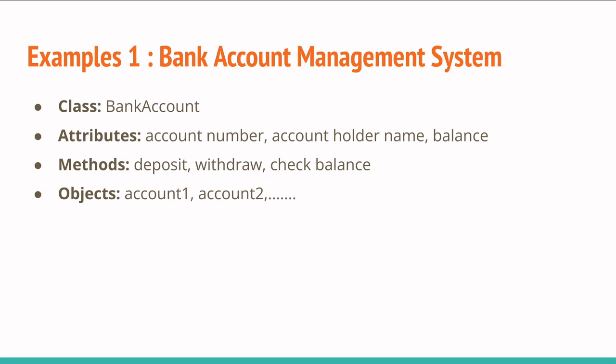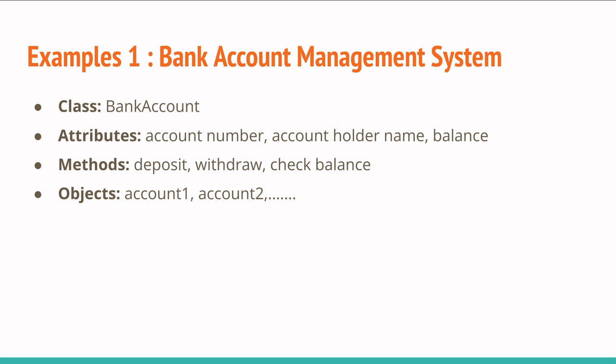So this is an example: if we are going to create a bank account management system, then we have to think in this way. We have to create a class BankAccount, and we could have a number of attributes. We have to define those attributes. We have methods, behavior.